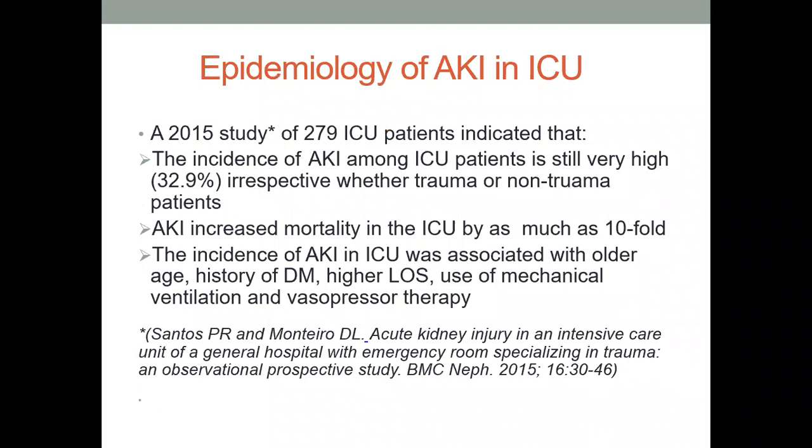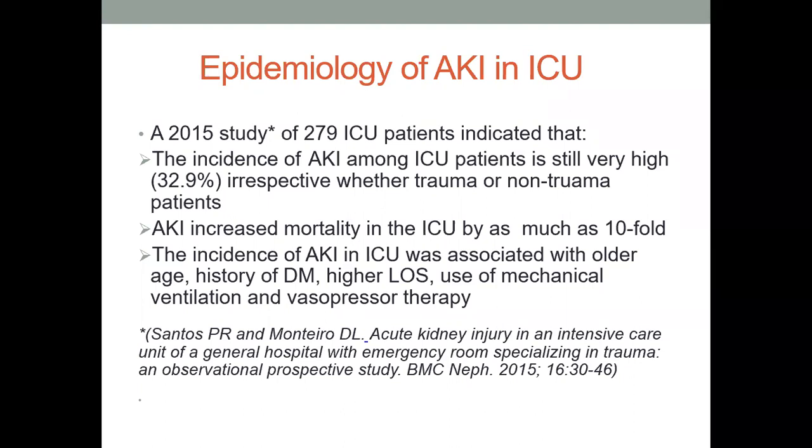All right, so epidemiology. A 2015 study revealed that among 279 ICU patients, the incidence of AKI is about 32.9%, irrespective of whether they are trauma or non-trauma patients. And this increases ICU mortality by as much as tenfold.